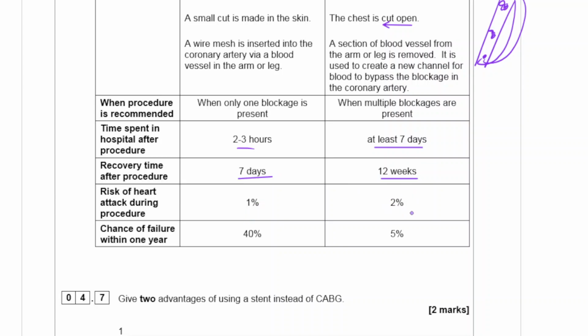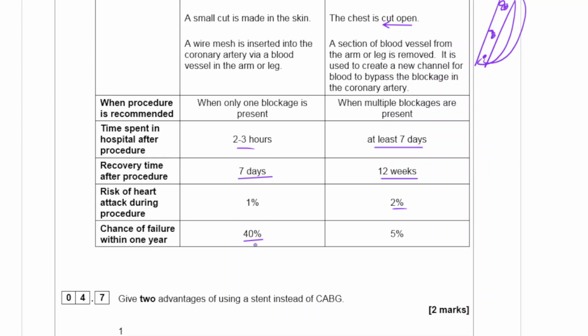Risk of heart attack during the procedure is only 1% for a stent. For open heart surgery, it is 2%, which is double. Chance of failure within 1 year: the stent can get blocked up again. Once you have this done, it doesn't mean you can carry on with the same normal lifestyle. You'll have to reduce the amount of fat in your diet.